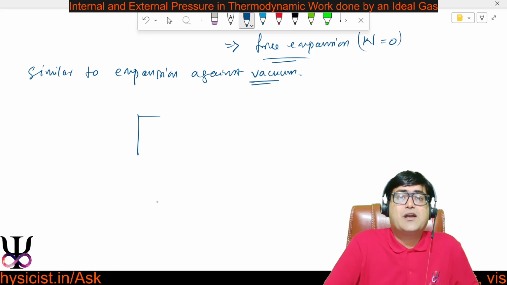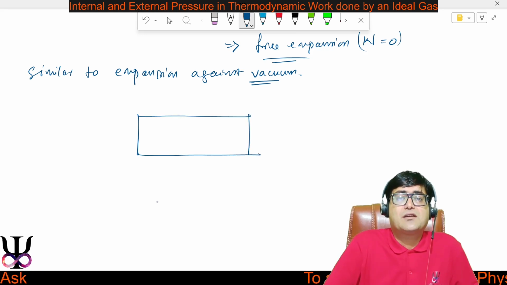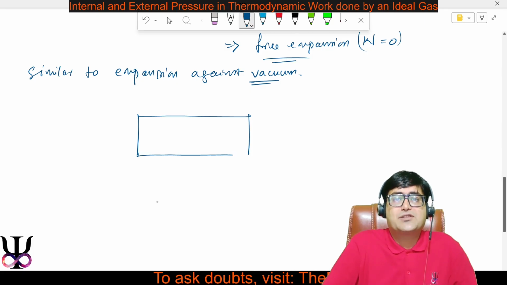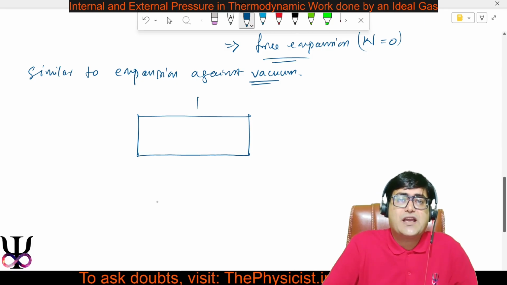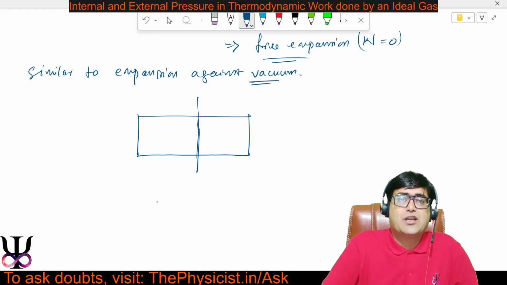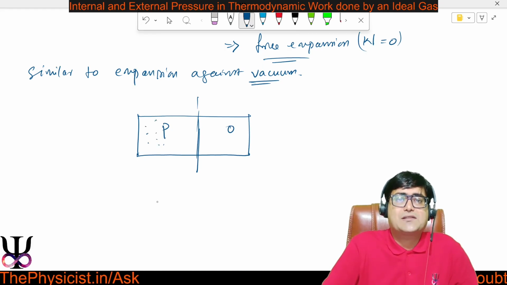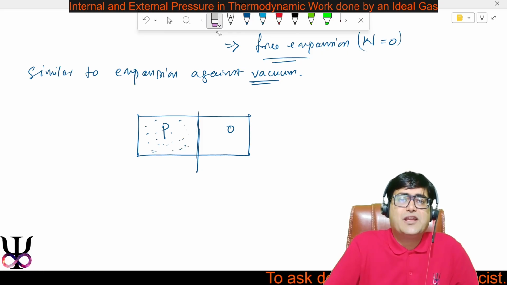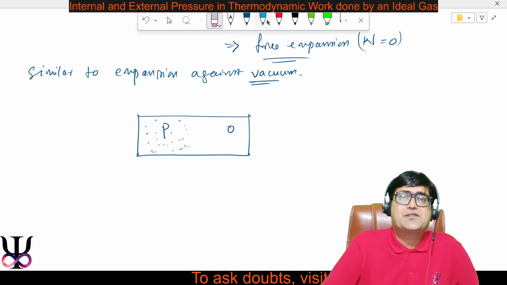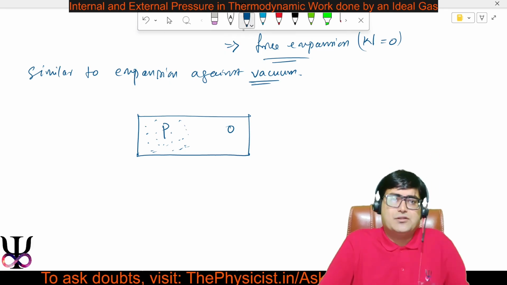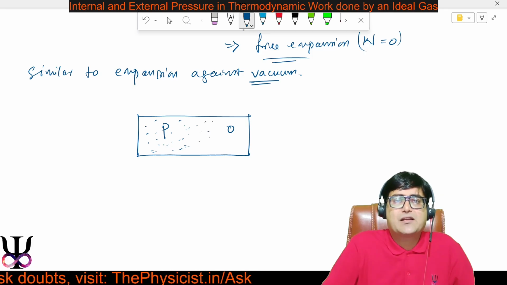For example, imagine I have a gas inside this chamber, and let's suppose I initially have a partition. Here you have some pressure, and there you have zero pressure. You have gas inside on the left hand side. And let's suppose at an instant I simply remove this partition. So what happens? The gas particles spread out, right?